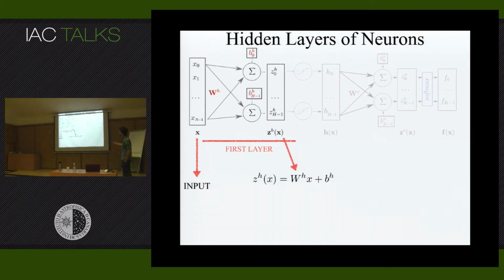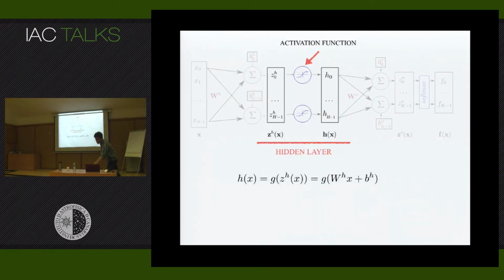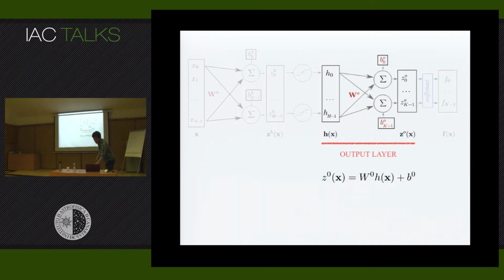And then once you have the output of your first layer, you use this as an input to another set of neurons, another layer of neurons, which will take the first output and do exactly the same operation. And you can go on and so forth until you get to an output layer. So basically, you are nesting one after the other.